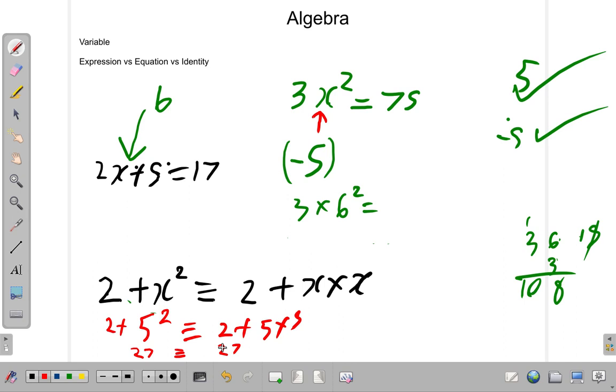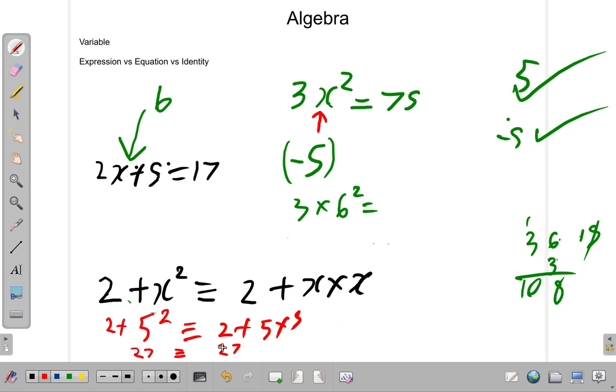So, the difference between the equation and the identity is that only a limited set of numbers will satisfy the equation, while an unlimited set of numbers, any number you substitute in the identity, will satisfy the identity.